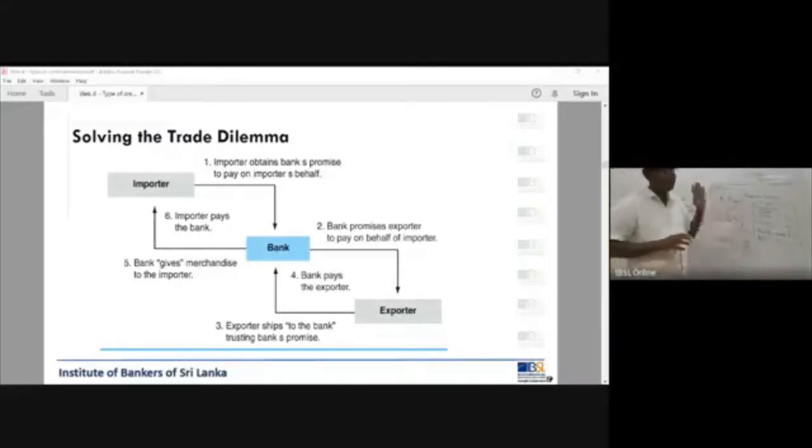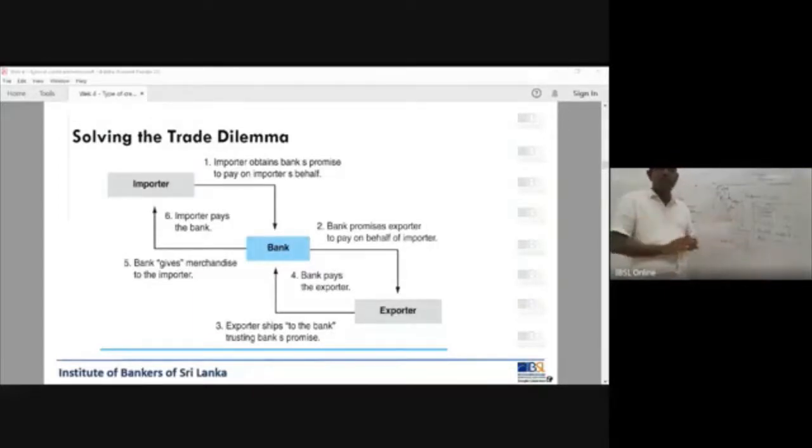When he goes to customs and sees that the goods are something else, not basmati or not this quality, he can't come back to the bank. The bank is not responsible for the goods we get. The bank is responsible only for the documents.